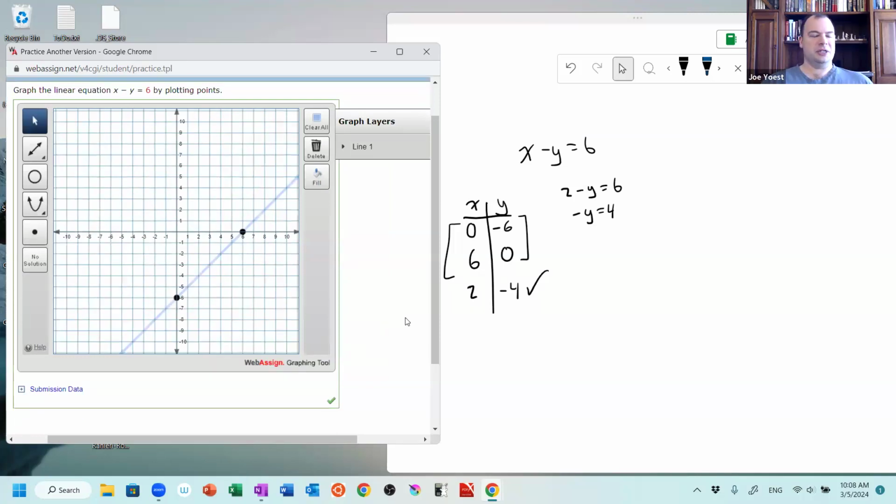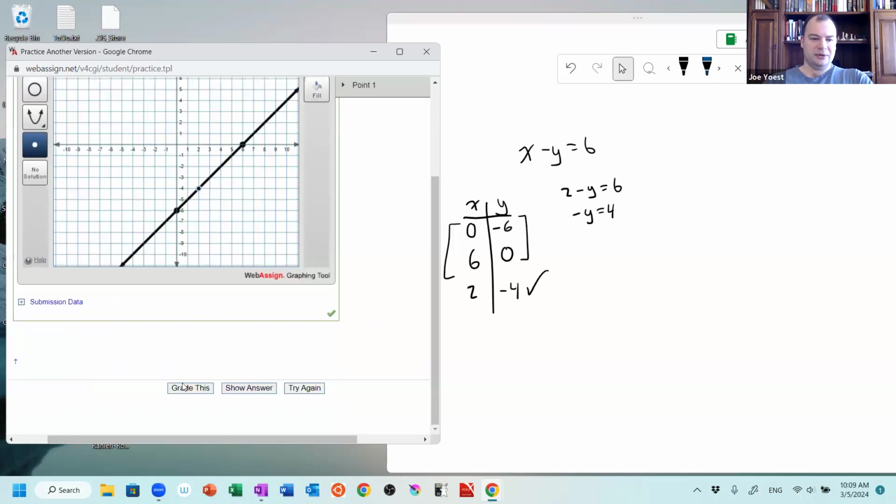I don't want to plot a whole bunch of extraneous stuff on here. I don't want two or three lines or other chunks of line segments or something. That's probably going to make WebAssign mark it wrong. I probably also don't want to plot a whole bunch of points. I think WebAssign usually, if you plot extra points and they are actually on the line, like say (2, -4) here, is still okay with that.